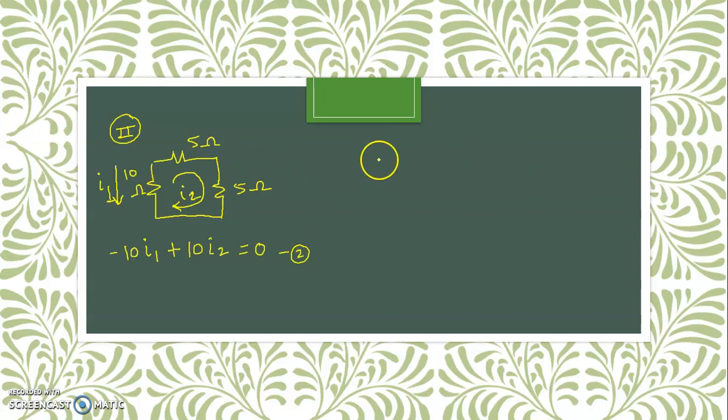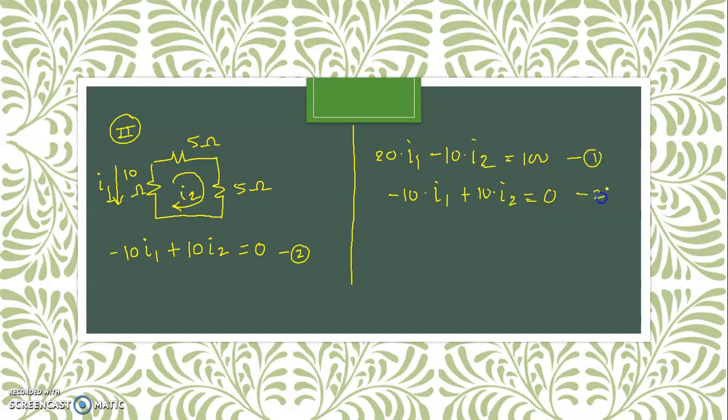I write 20 I1 minus 10 I2 equal to 100, and minus 10 I1 plus 20 I2 equal to 0. You can solve these two expressions simultaneously to get the values of I1 and I2.